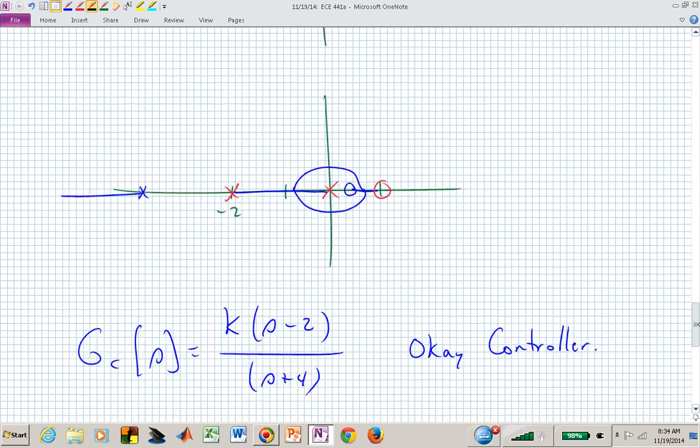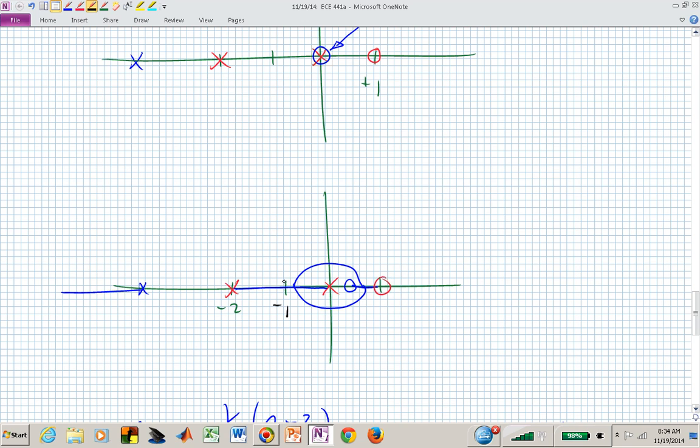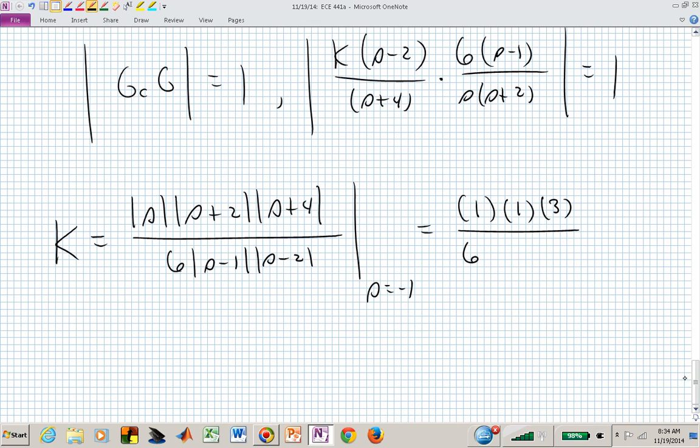What I'm doing is I'm just saying, oh, I have a closed loop pole there. I now need to know the distance from this point to that point. 1, 2. So the distance, or the length, of this factor is simply 2, and the length of this factor is now 3, right?